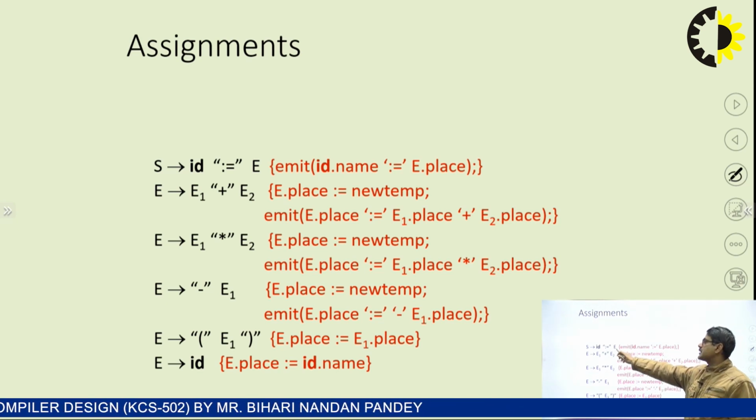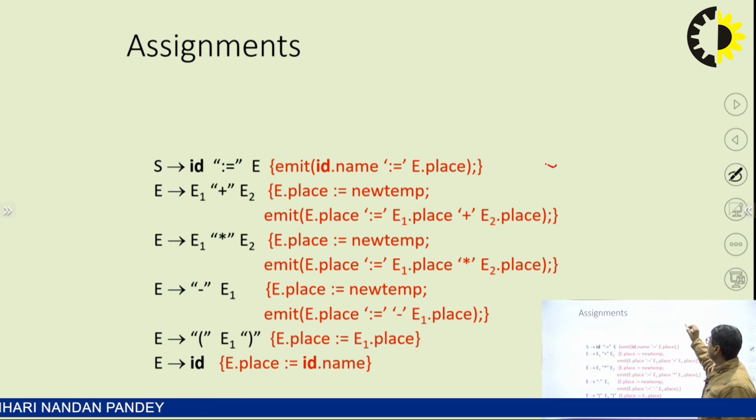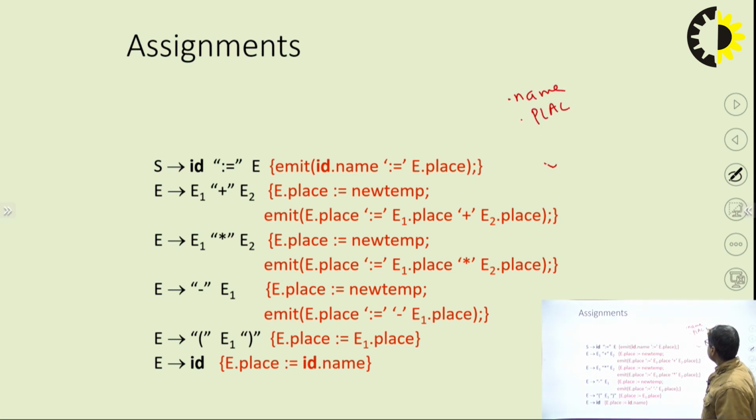So S produces ID equals E. If you are taking this expression, emit ID dot name equals E dot place. Here we are using two particular variables, that is dot name and dot place. Dot place is used for locating the particular location where you are going to store or assign the value.